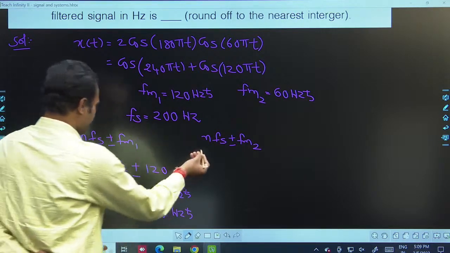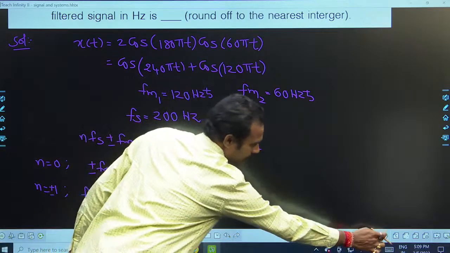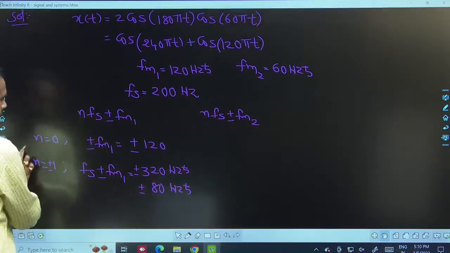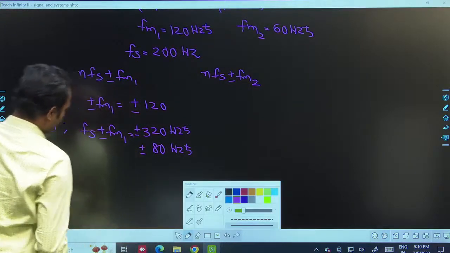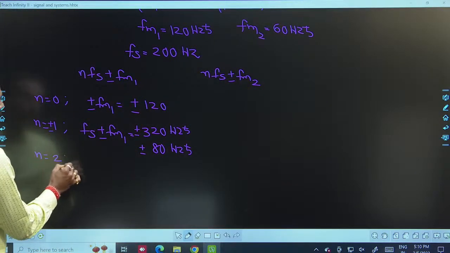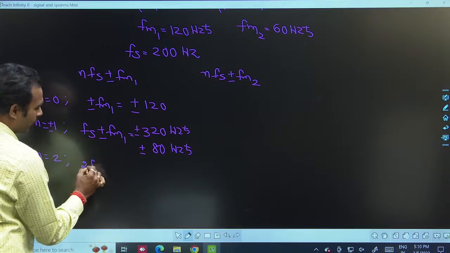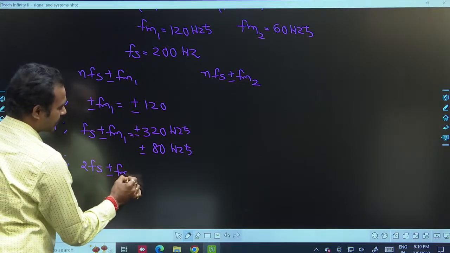So next, in a similar manner, we can consider that at n is equal to 2. So at n is equal to 2, this will become equal to 2Fs plus or minus FM1.